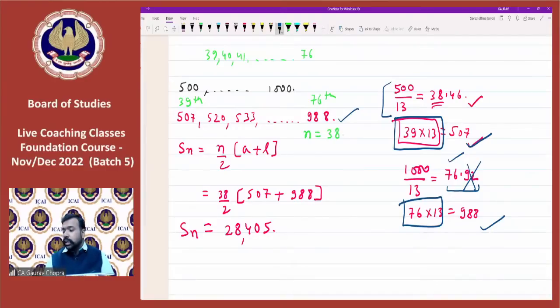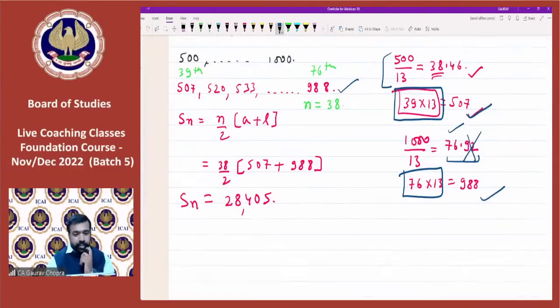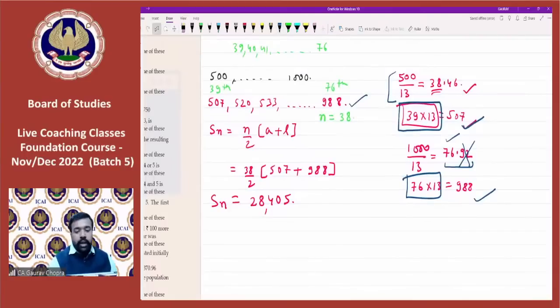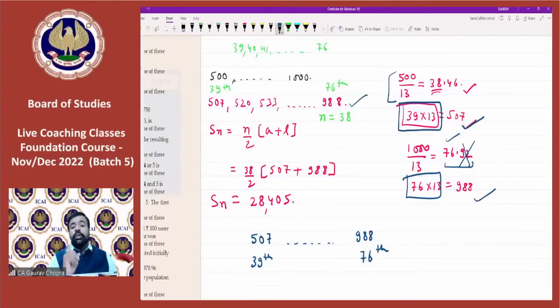Then Lakshita is asking how we calculated the numbers which are divisible by 13. See, if we have to count the numbers, then we know 507 is on the 39th position and 988 is on the 76th position. So we have to count from 39.